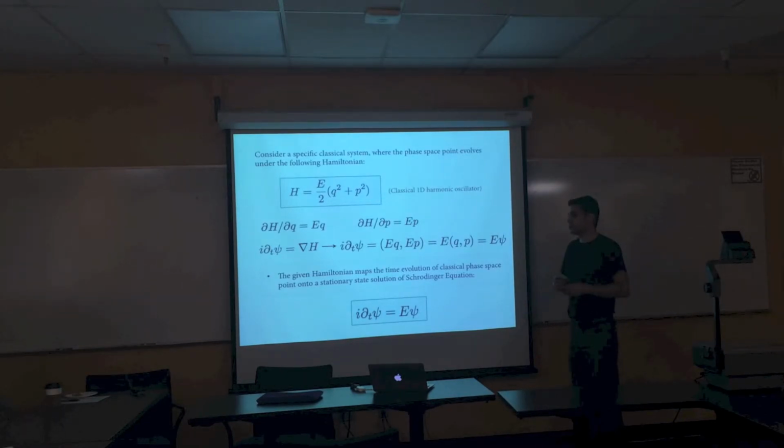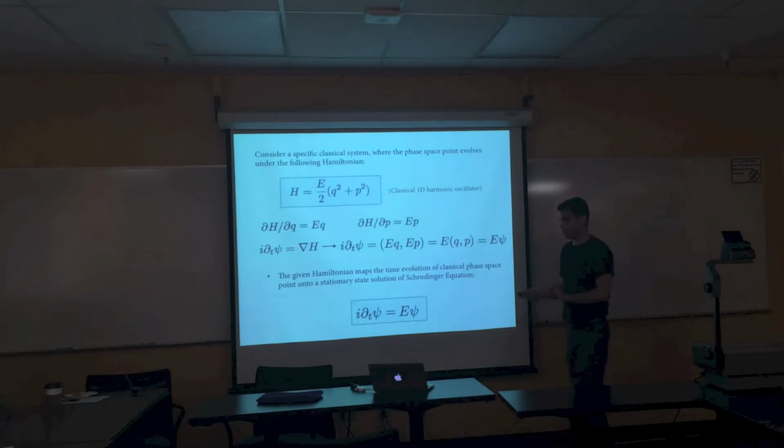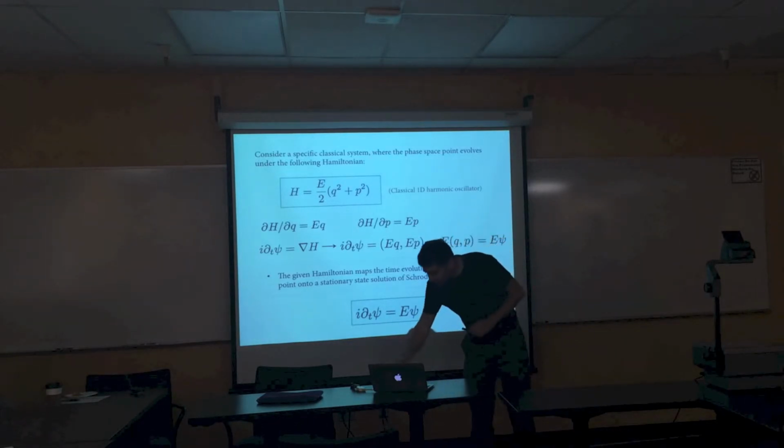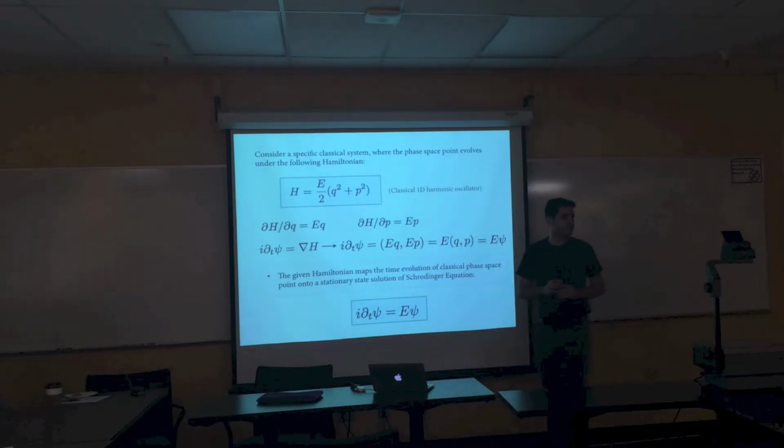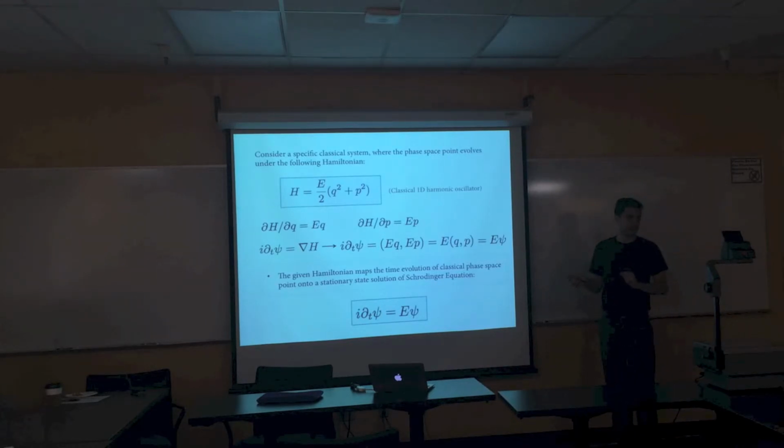But at least we know that this particular classical system does map onto the stationary state Schrodinger equation. But I haven't associated this function with any quantum mechanical variables yet. It's just a mathematical analogy at this point.